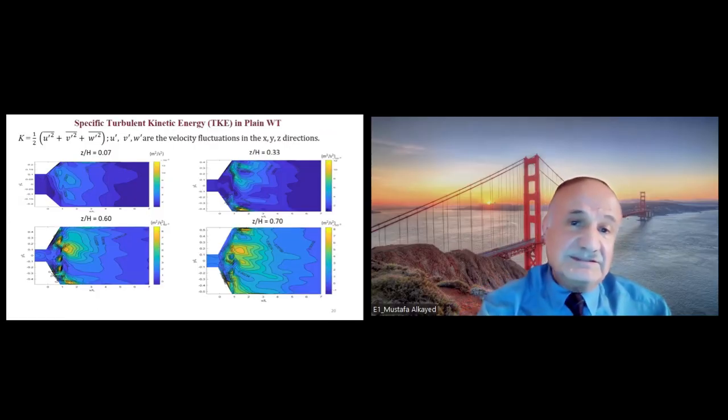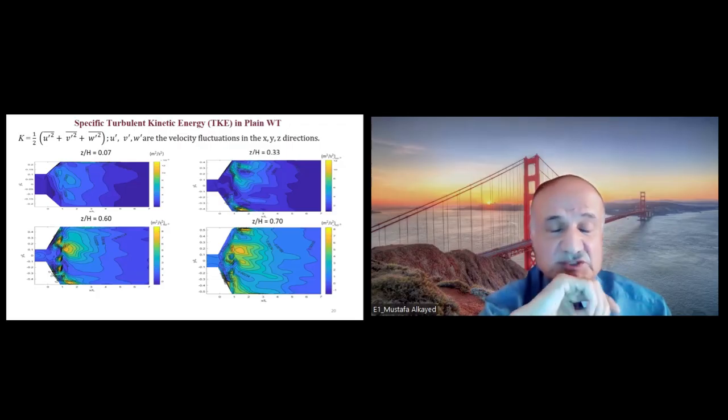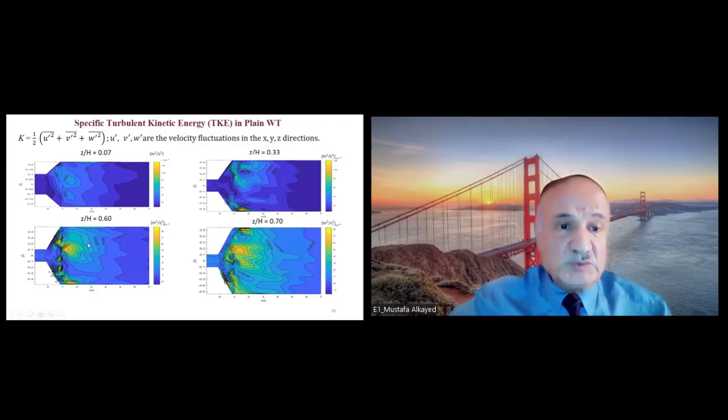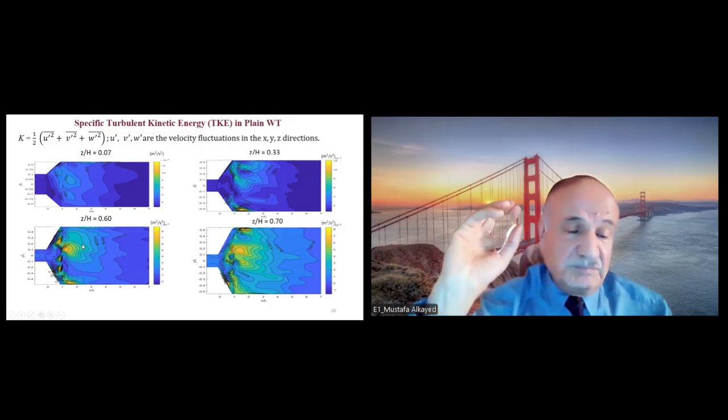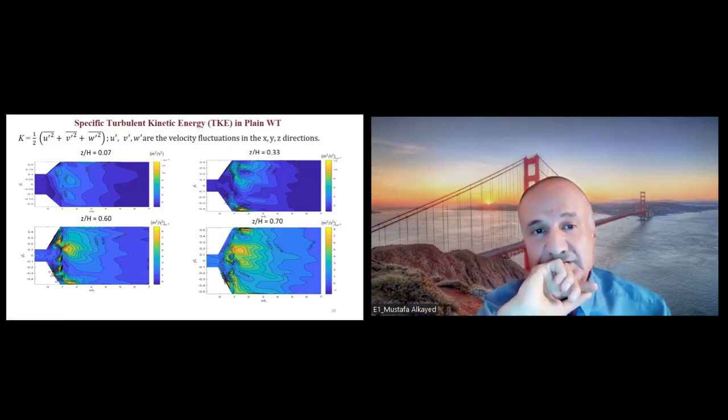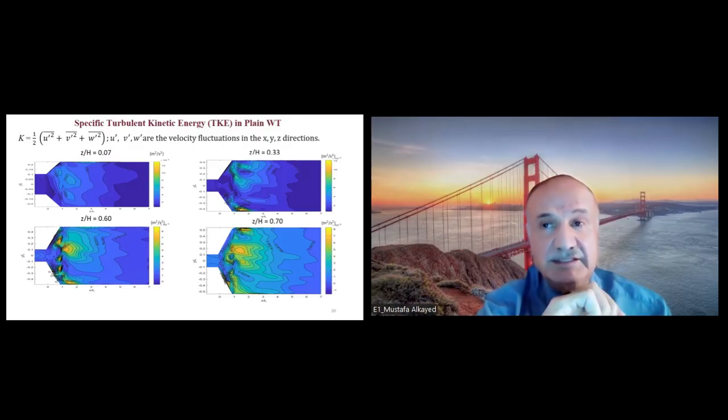Now, the turbulent kinetic energy, we always use it because it refers to the shear. If we go from bottom to top, we can see these hot spots here in the middle. These are circles. We are always concerned about turbulence because it indicates the ability of water to transport sediment.